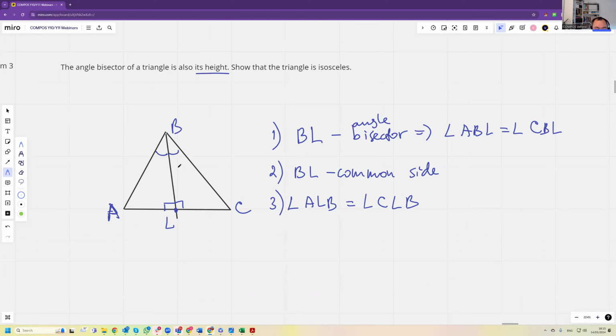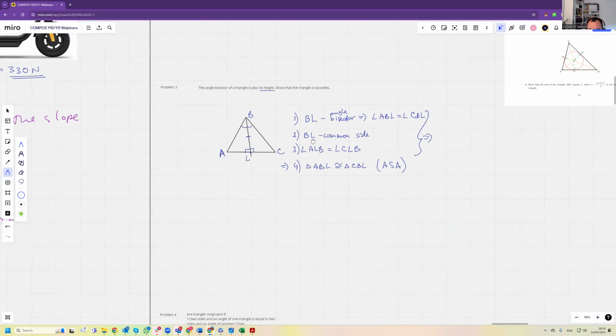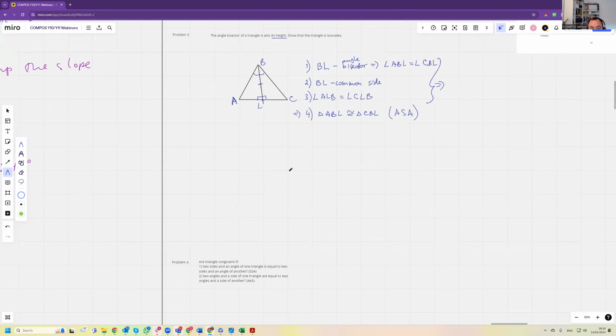ASA. So it's angle, side, angle. So therefore, triangle ABL is congruent to triangle CBL, and the reason is ASA, angle, side, angle, because they have two angles and a side between them.